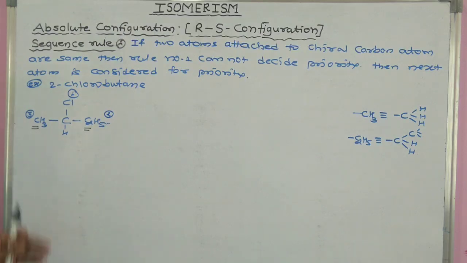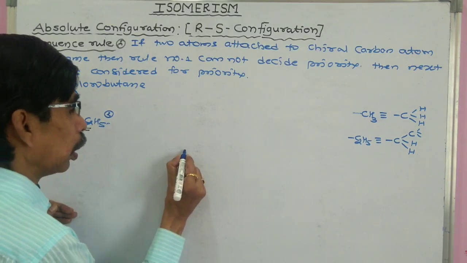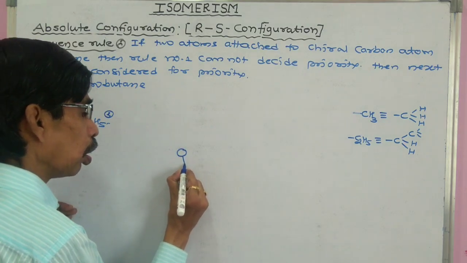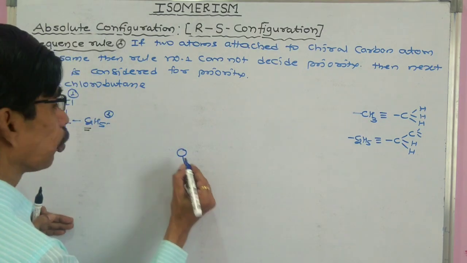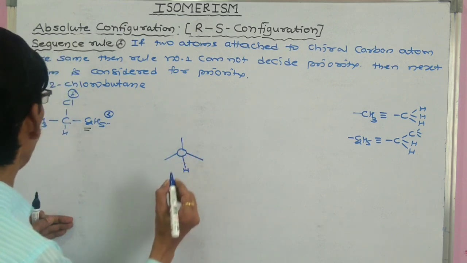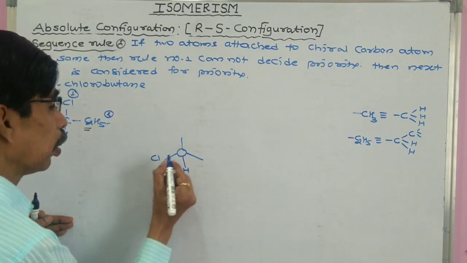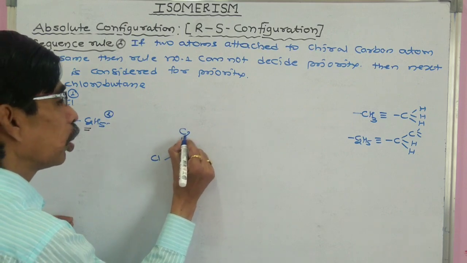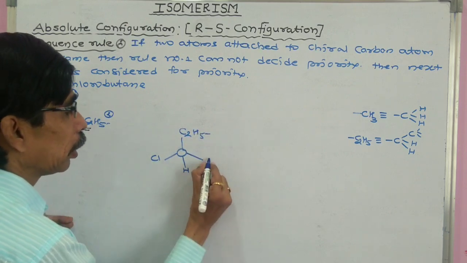Now, we can visualize this 2-chlorobutane in R and S configuration. So this is the carbon, with the low priority atom hydrogen. Then this is first, second and third. First priority is Cl, second is C2H5 and third is CH3.